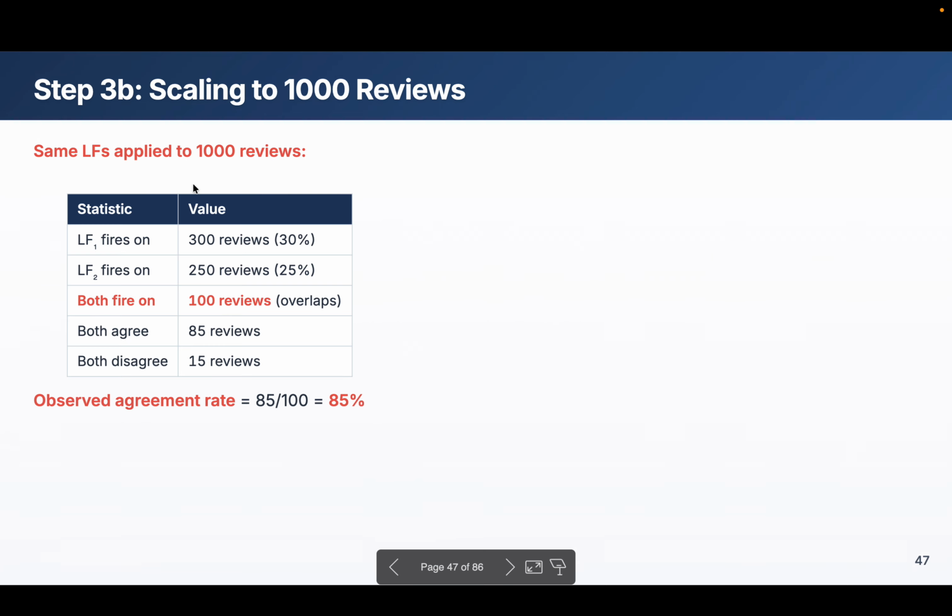Now, we have to think about when these two labeling functions are agreeing. Can someone tell me what are the cases in which they are both agreeing? LF1 says positive, LF2 says positive. LF1 says negative, LF2 says negative. These are the two cases.